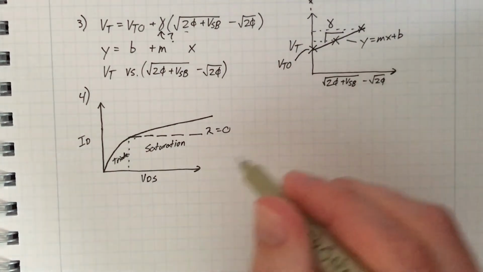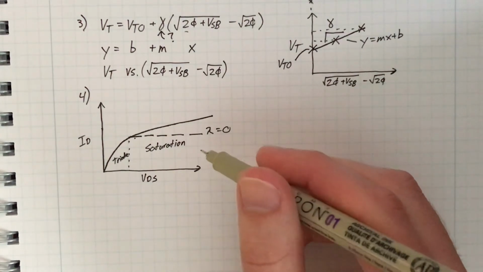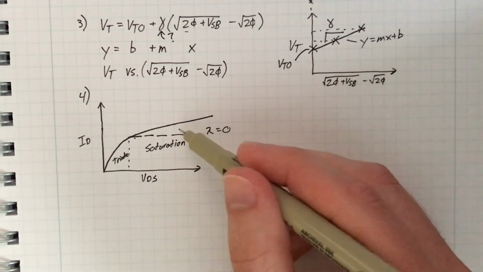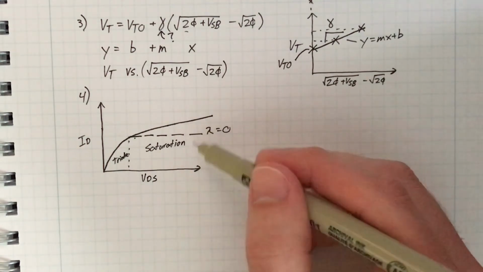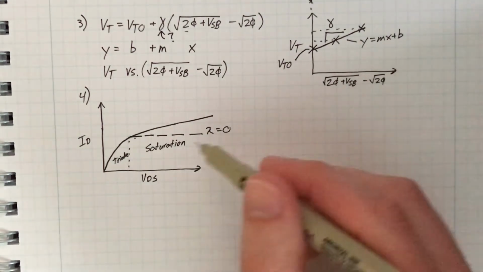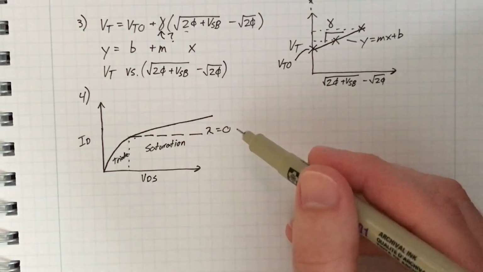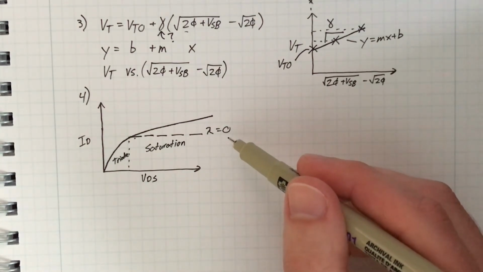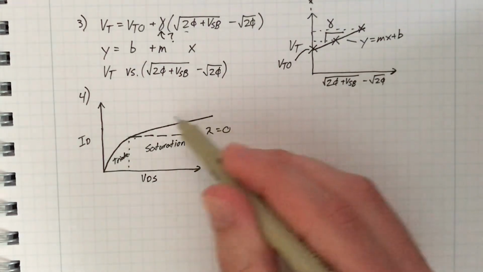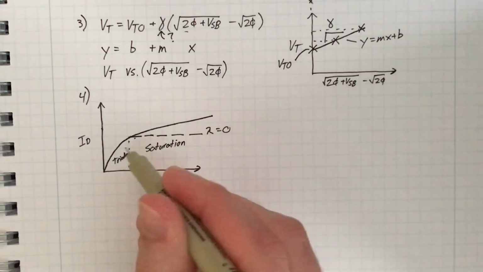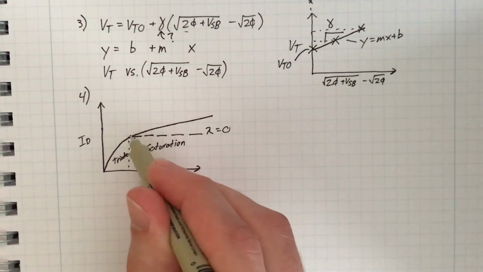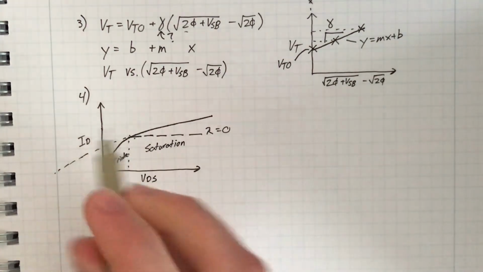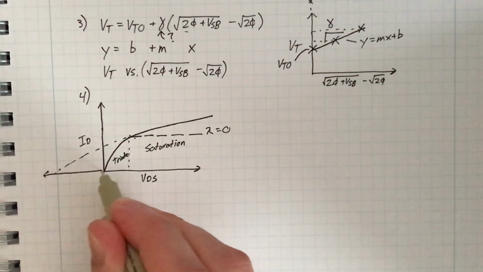That's not true, especially in modern devices. And so there's a slope component to the current when you're in saturation. As you increase VDS, the current slightly increases. So one way to extract or to parameterize this slope is if we follow this curve back to the x-intercept somewhere over here.